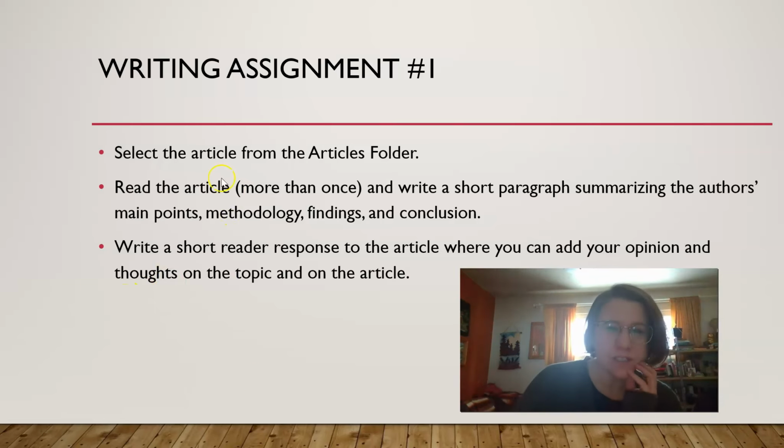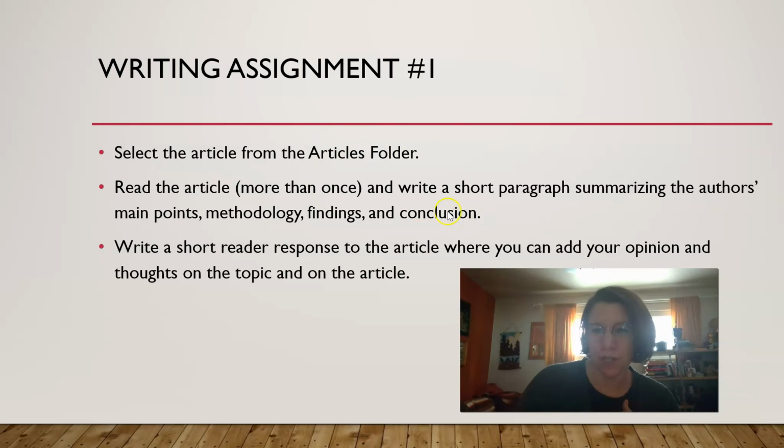So lastly, just to go over writing assignment number 1, you're going to select one of the articles from the articles folder. You're going to read that article carefully and highlight and make some notes about it, deciding what you want to include or any important quotes or information that you do want to include in your paragraph.